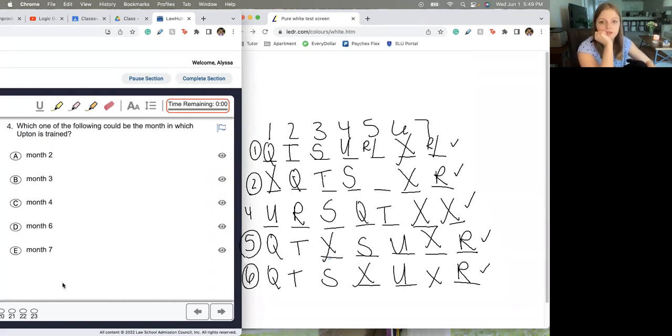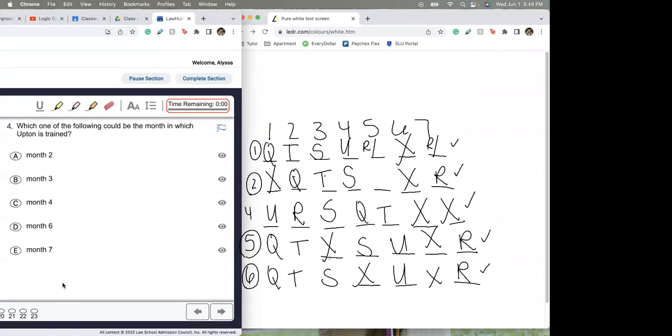Who has an answer choice that they like? I like C. Now that we've created our worlds, I can see why that is the answer.